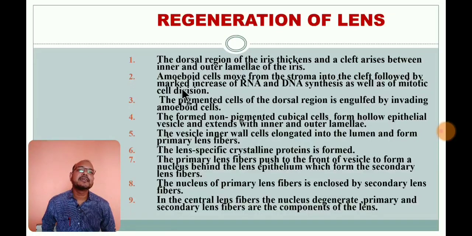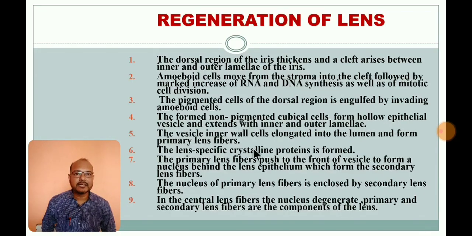Then regeneration of the lens, the second example. The dorsal region of the iris thickens and a cleft arises between the inner and outer lamella of the iris. Amoeboid cells move from the stroma into the cleft. The pigmented cells of the dorsal region form non-pigmented cuboidal cells in a hollow epithelial vesicle.